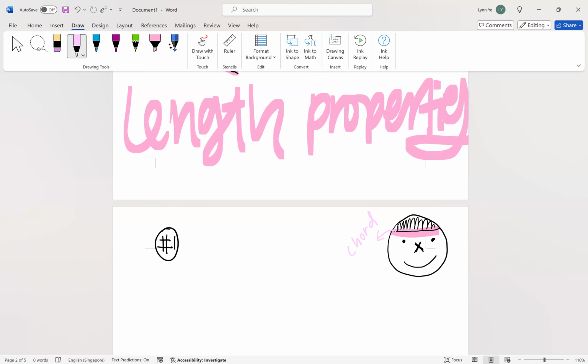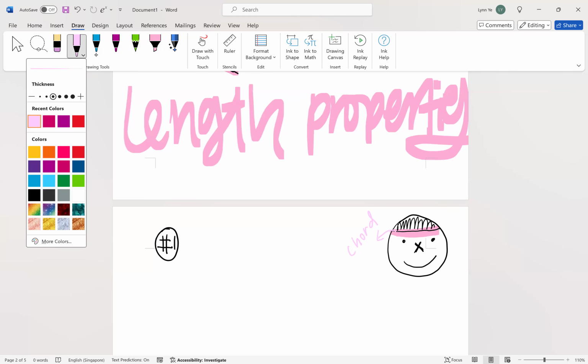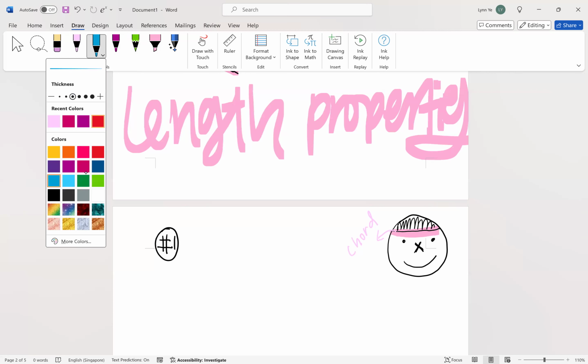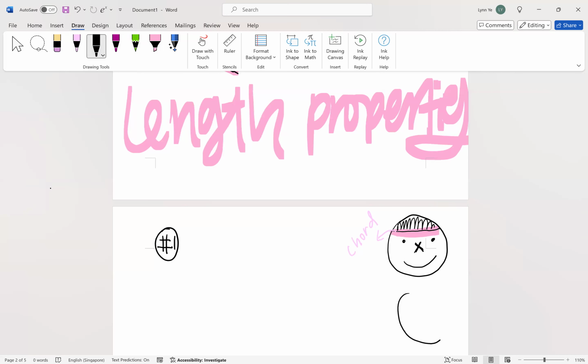Do you notice something? It's not a diameter. Why? Did the chord pass through the center? No. Another way you can see it, with a black pen: this person has a really round belly.